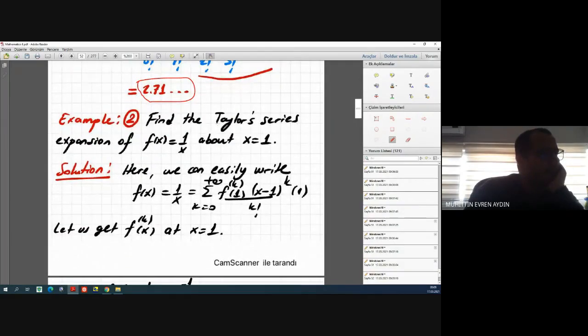Okay, and another example: to find a Taylor series expansion of a rational function 1 over x about x equals 1. So this means that a equals 1. So here is same, here is same. Then we have to find the higher order derivatives of 1 over x at x equals 1.